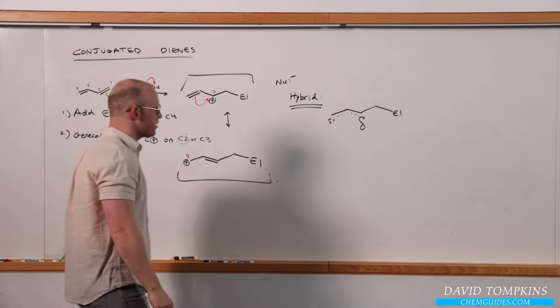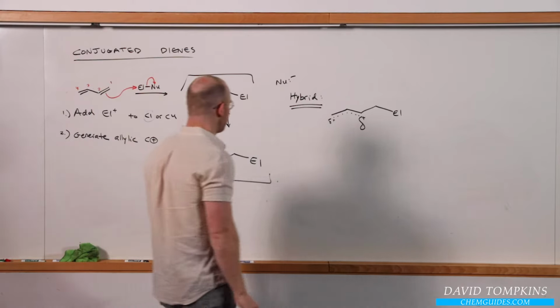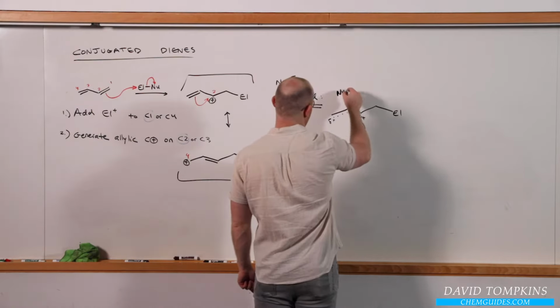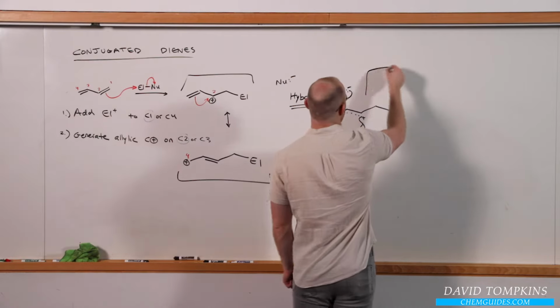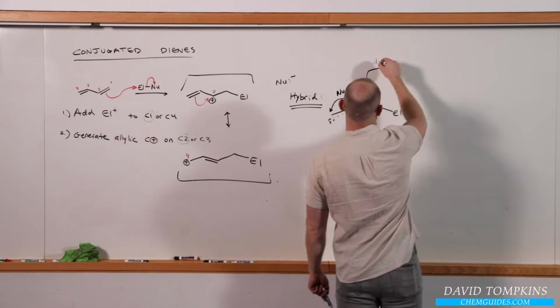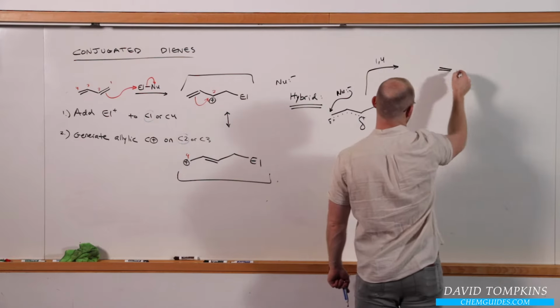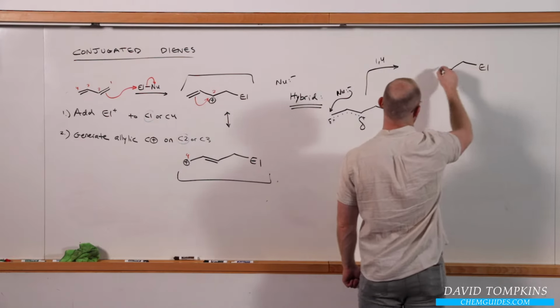What this means is the nucleophile could attack either position. If the nucleophile attacks the terminal carbon, we call that 1,4 addition. The pi bond remains between carbons 2 and 3.